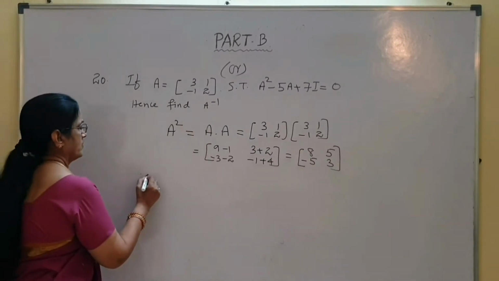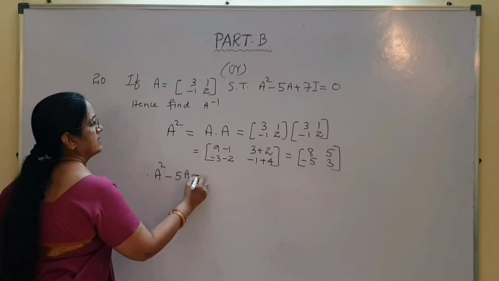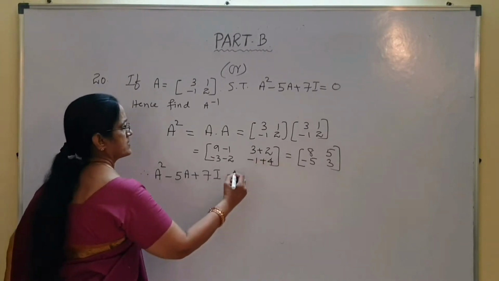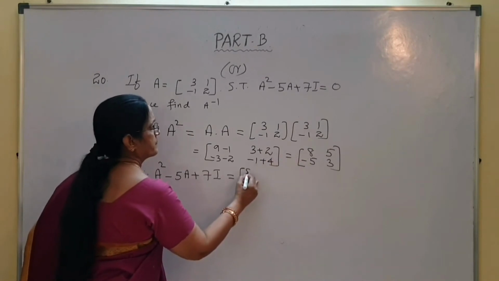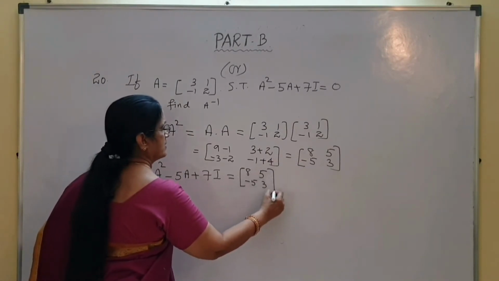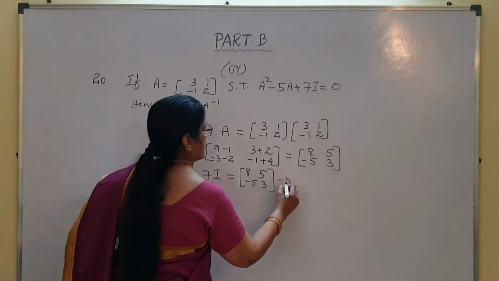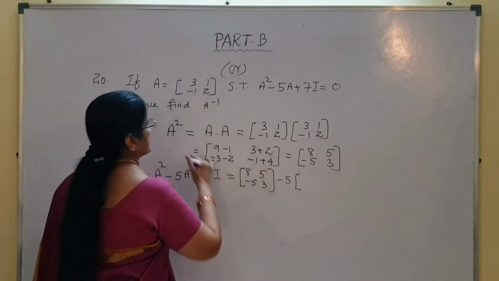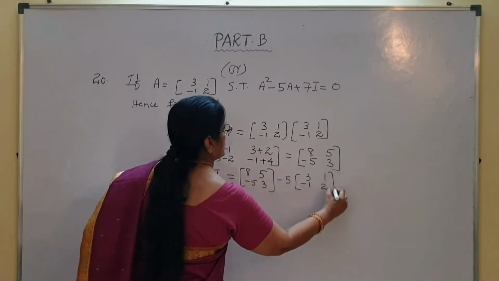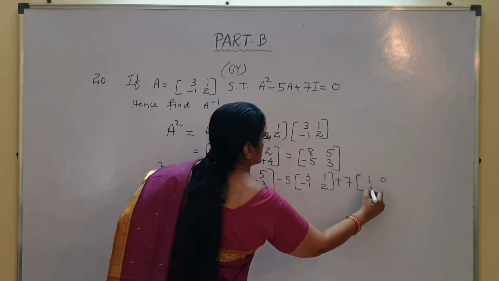So, therefore, A square minus 5A plus 7I is equal to, A square is nothing but, just now you found it, 8, 5, minus 5, 3, minus 5 into A, which is 3, 1, minus 1, 2, plus 7 into I, 1, 0, 0, 1.